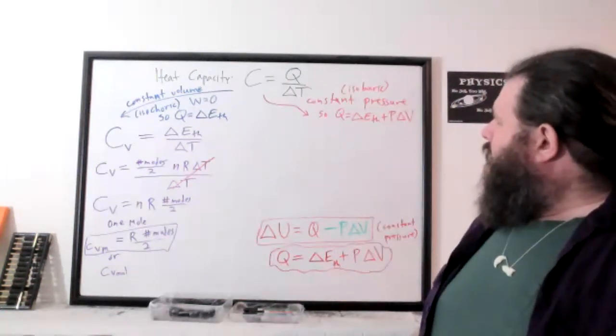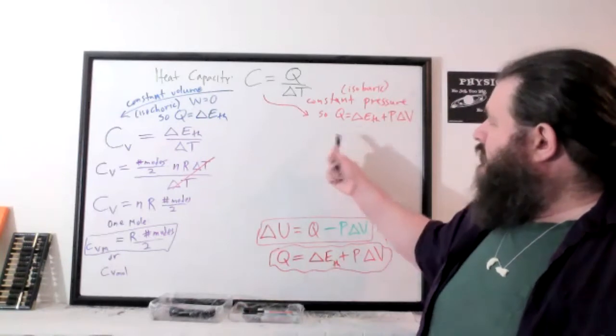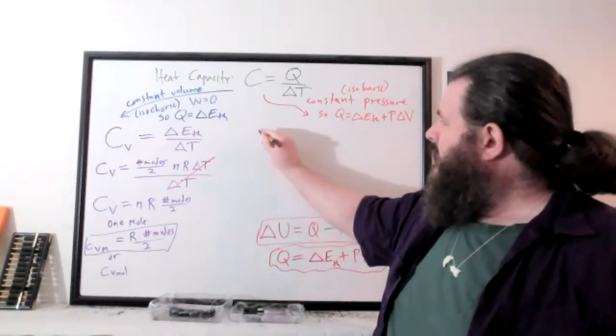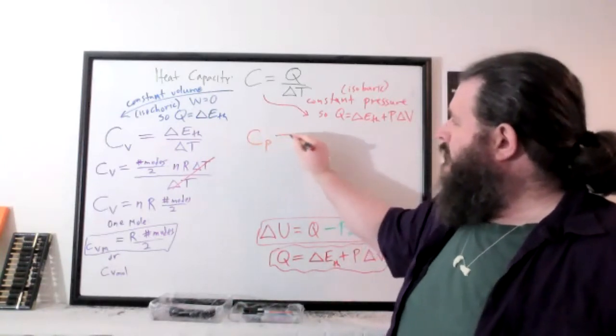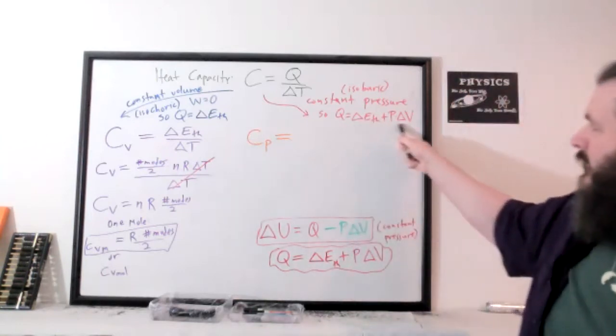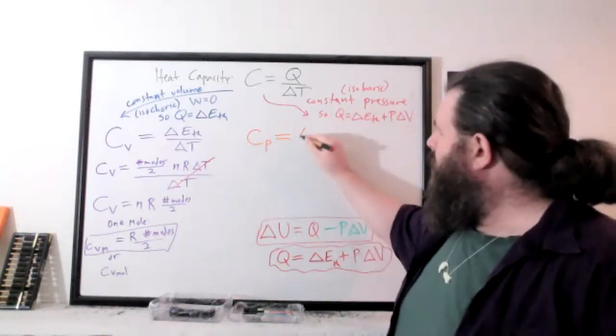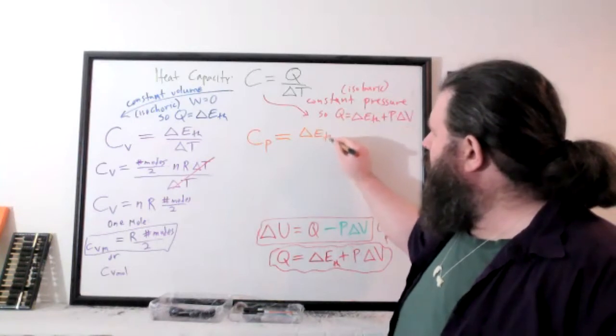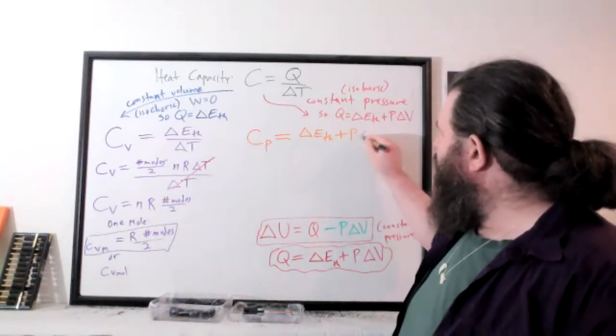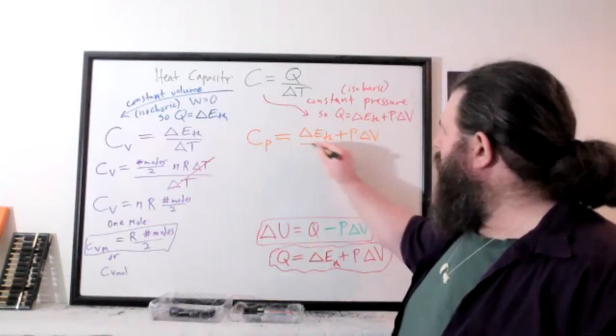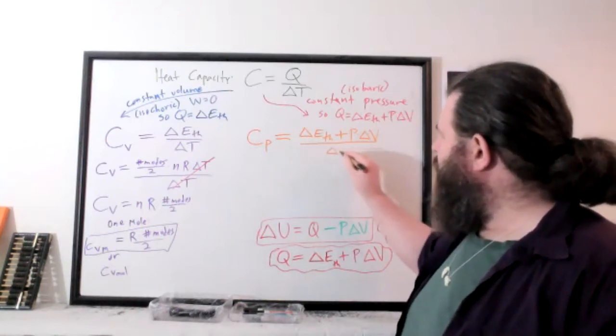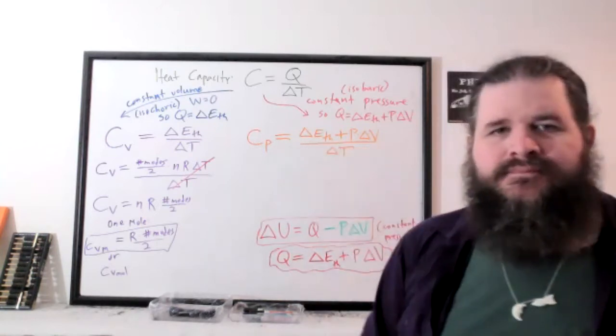So isobaric, constant pressure, we make this substitution and we get heat capacity at constant pressure is all this divided by delta T. Delta E thermal plus P delta V, all divided by delta temperature.